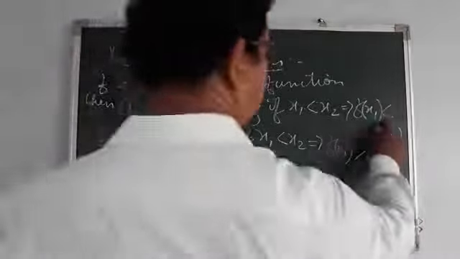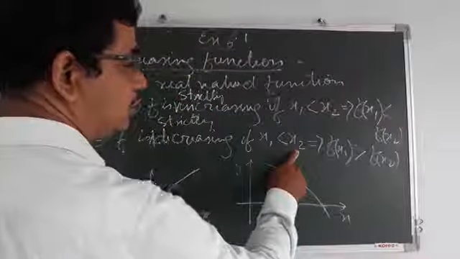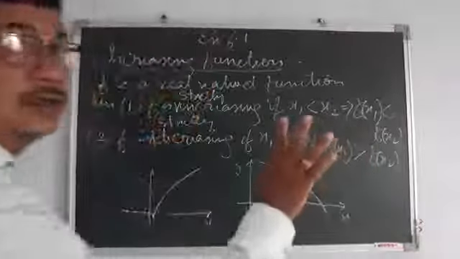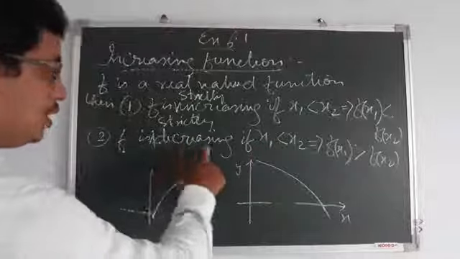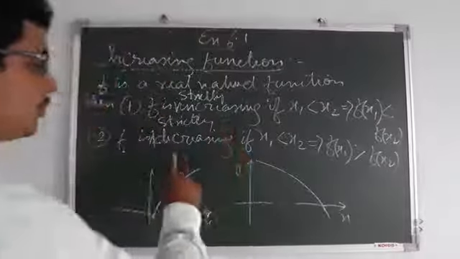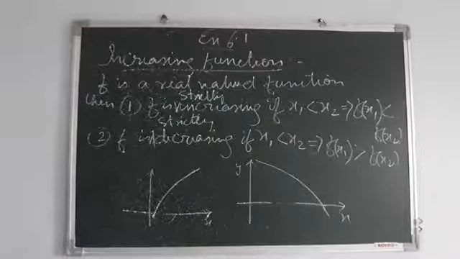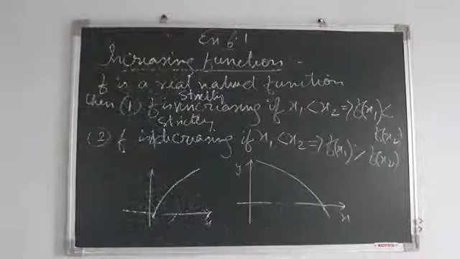If the equal to sign is there, then it is only increasing. If x1 less than x2 and f(x1) greater than f(x2), then it is strictly decreasing. If the equal to sign is there, then it is only decreasing. So that is the difference between increasing and strictly increasing, decreasing and strictly decreasing.